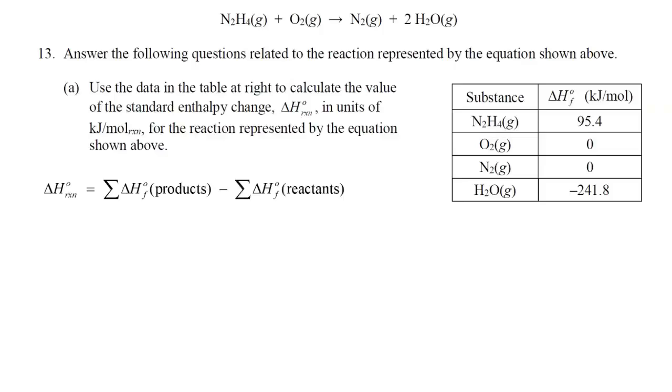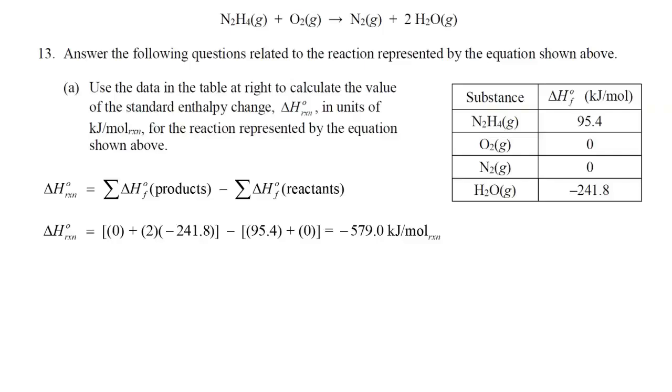Let's go ahead and use the products minus reactants equation to calculate delta H, just like we did in question 12, part A. So for the products, it would be the number for nitrogen, which happens to be 0, plus 2 times the number for water vapor, which is negative 241.8. So those are the products.